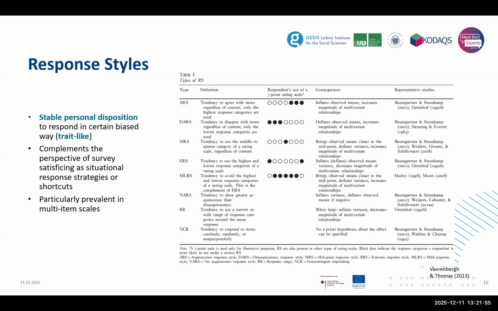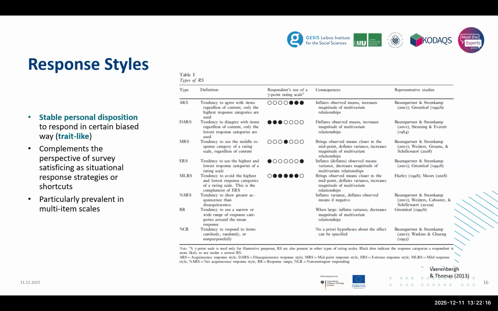Okay, now moving on to response styles, which we already approached with the satisficing theory. In the literature, response styles are treated as stable personal dispositions to respond in a certain biased way. So they are basically trait-like.